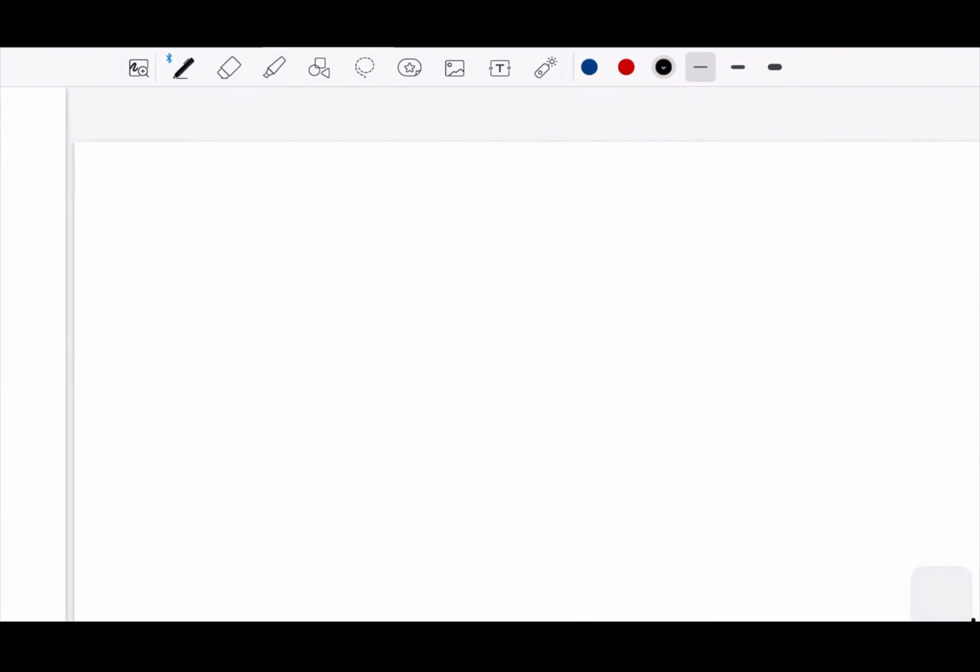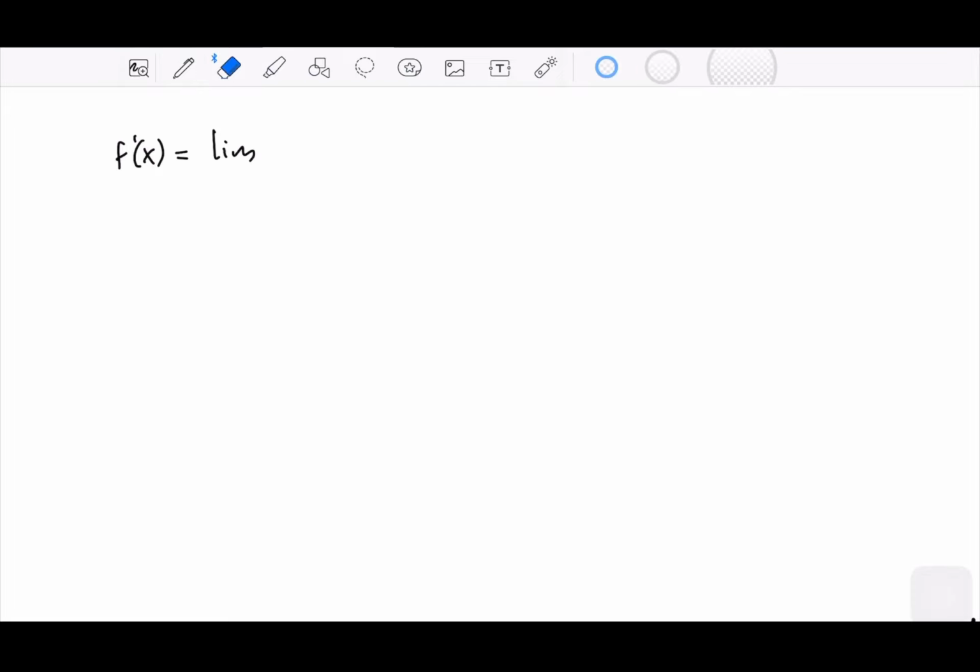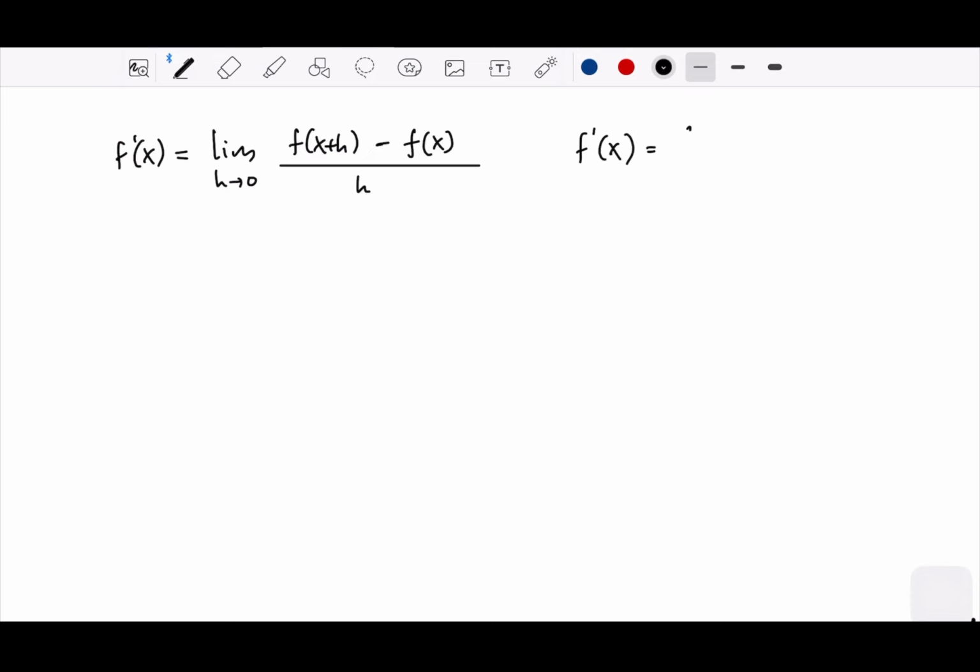So if you remember, in the derivative, in the beginning, we have these expressions. Limit. Or we could write in a different form as well.